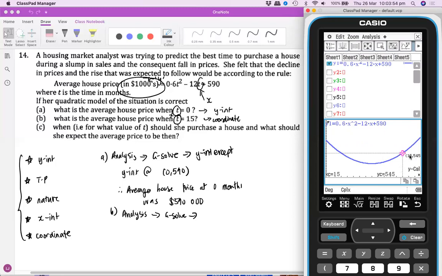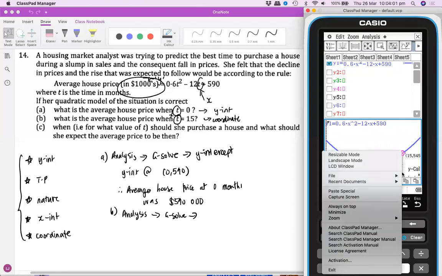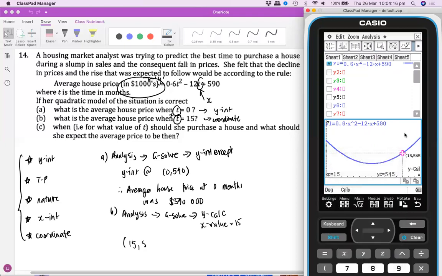So when X equals 15, I'm not sure why that happened before. Here we go. When X equals 15, your Y equals 545. So you're going to use YCal and type in X value equals 15. Then my coordinate is 15 and 545.